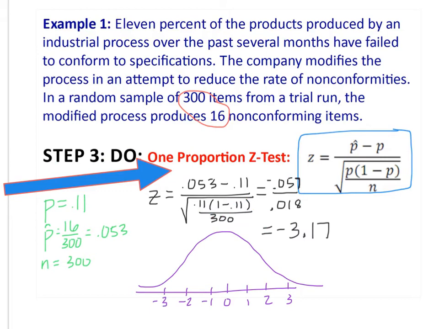Well, negative 3.17 would be right around here. I'm reducing the rate, so I'm shading below.